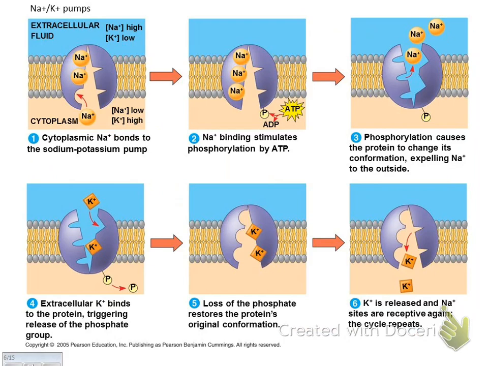Okay, next picture is showing you just the sodium-potassium pump. If you look at this purple protein right here, this is the sodium-potassium pump, and it's going to open and close. You see how it's getting ready to pump those sodiums out? What the sodium-potassium pump does is maintain resting potential.